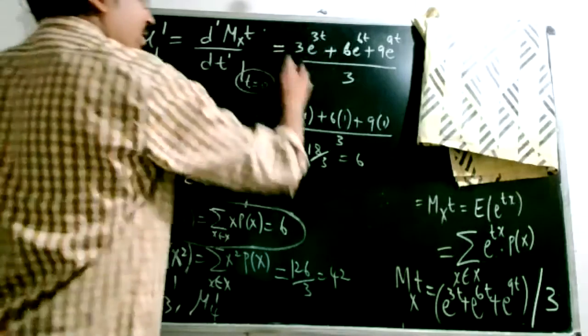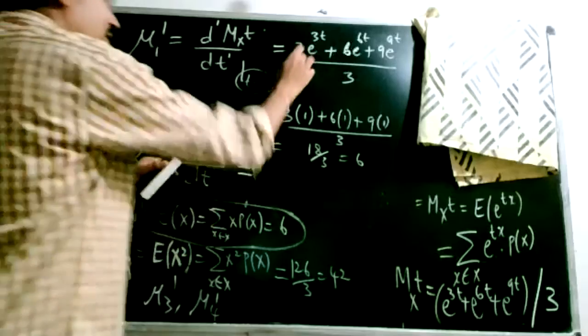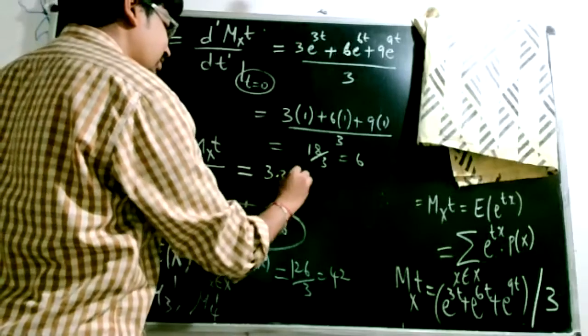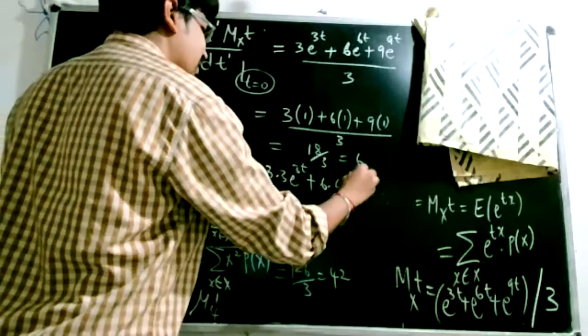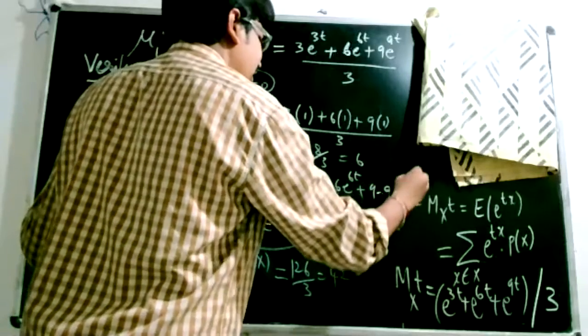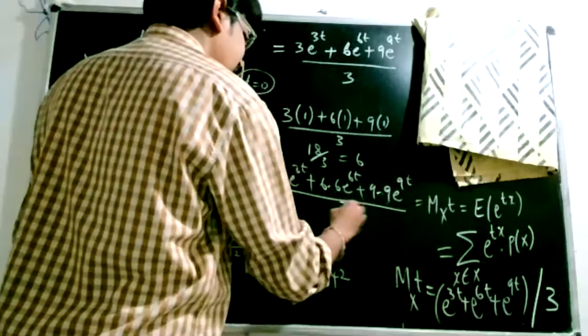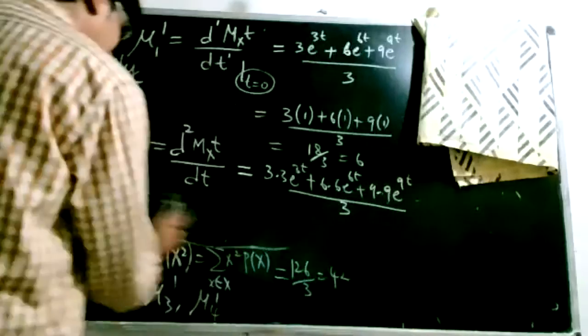So we already have the first derivative here, so we again differentiate it. If we differentiate this, I get 3 into 3 e power 3t plus 6 into 6 e power 6t plus 9 into 9 e power 9t divided by 3. Now put t is equal to 0.